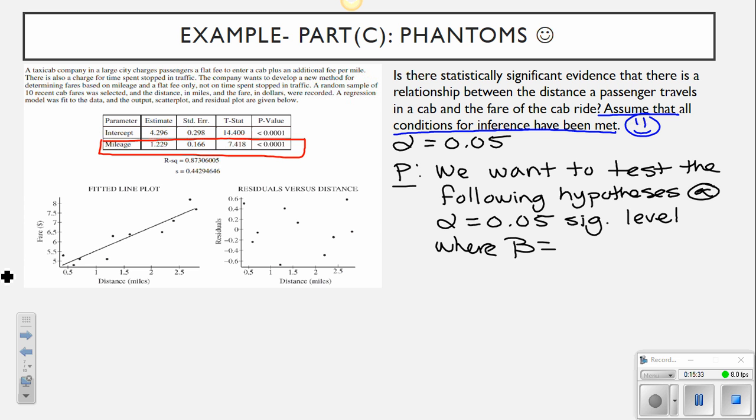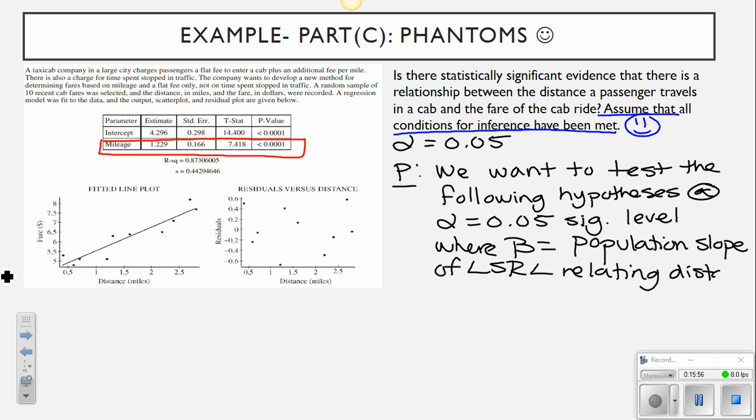beta is equal to, you need to define your parameter. So you got to say what beta is. Remember, beta is a parameter. It represents a population. It's the population slope of the least squares regression line relating distance a passenger travels and cab fare.